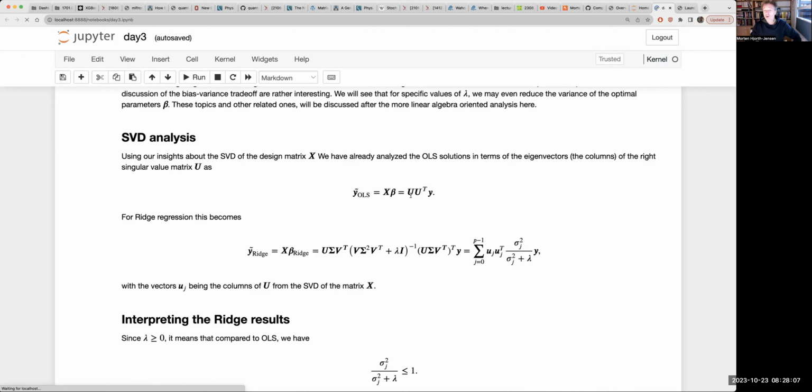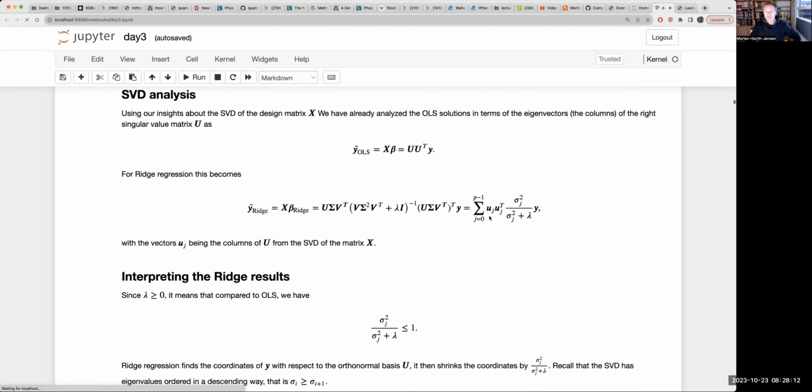So every column of this matrix U defines an orthogonal vector. And these are the vectors which are written with lowercase letters here.